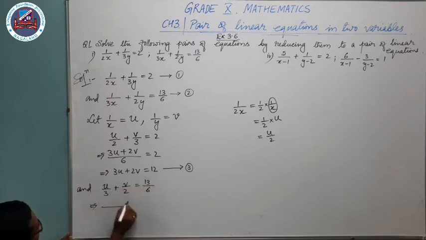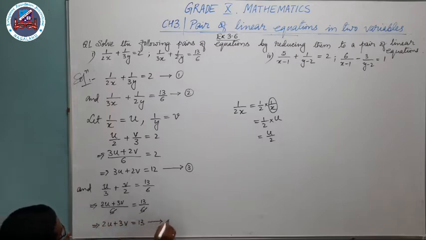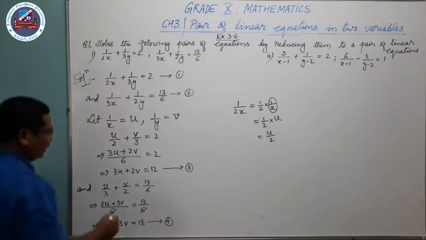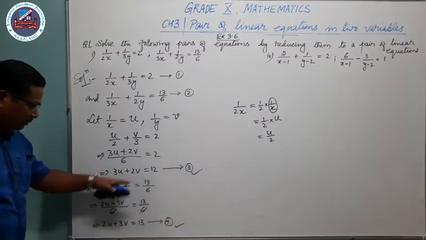Here also take LCM 6. 2u plus 3v is equal to 13 by 6. Here you can see the denominators are equal, so you can cancel them, and you get 2u plus 3v is equal to 13. Equation number 4. Now these two equations, if you solve them, you will get u and v.